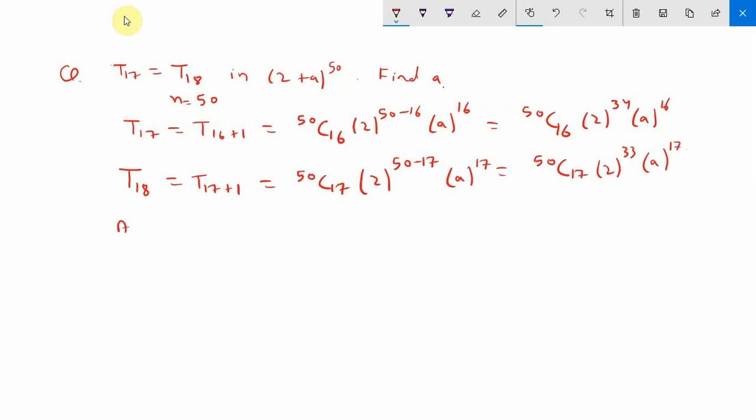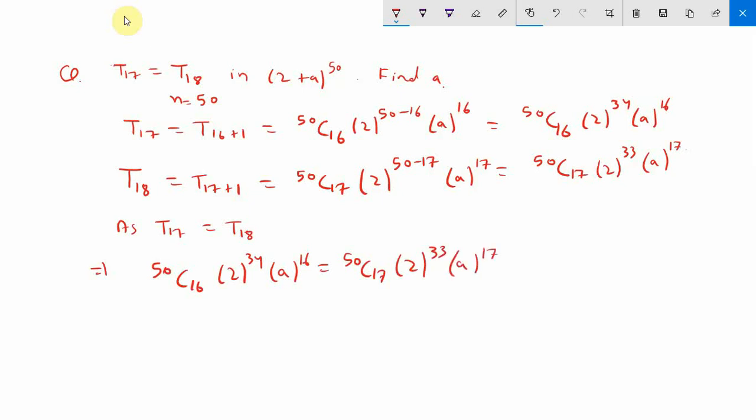As T17 equals T18, we can write 50C16 into 2^34 a^16 equal to 50C17 into 2^33 a^17.